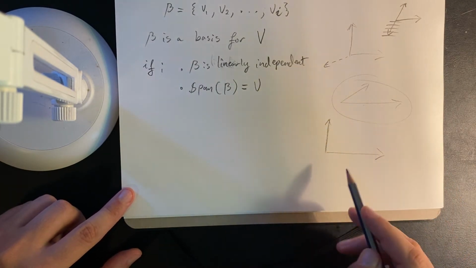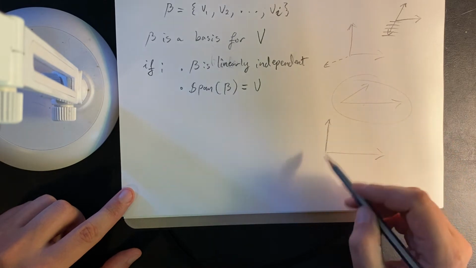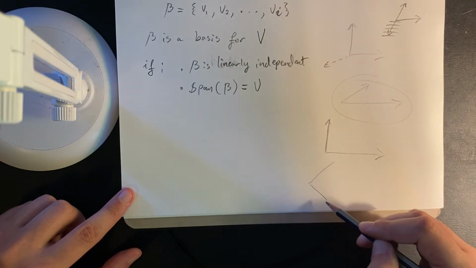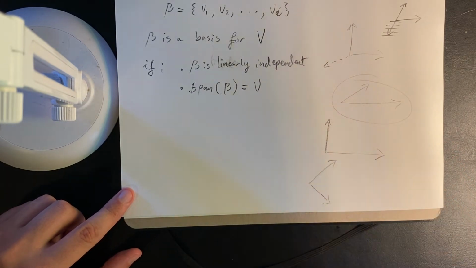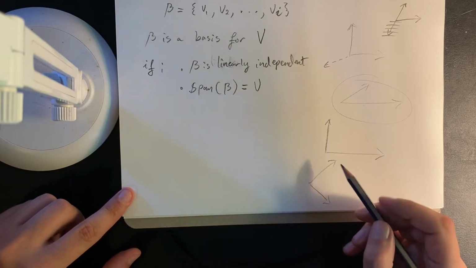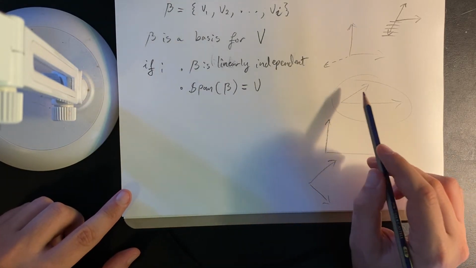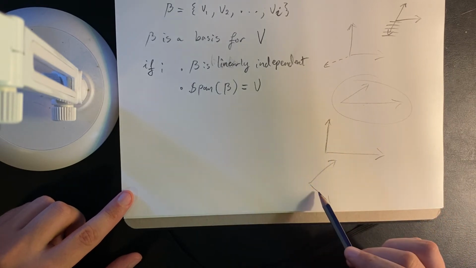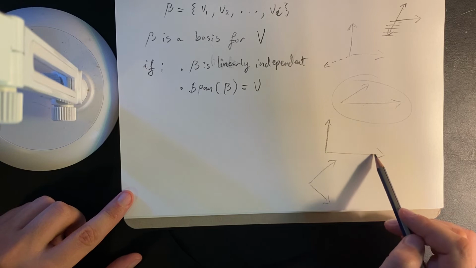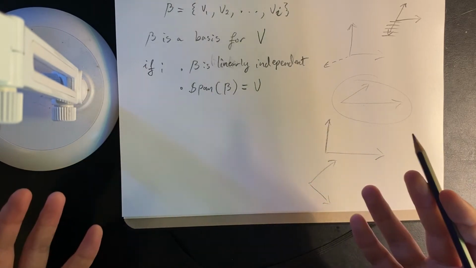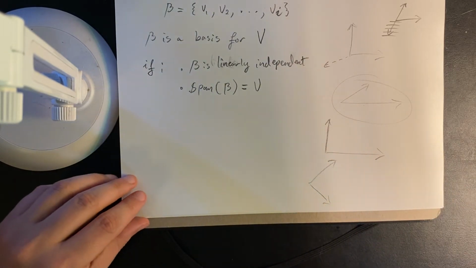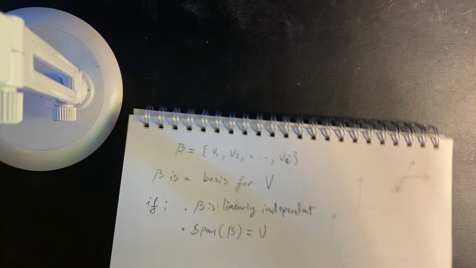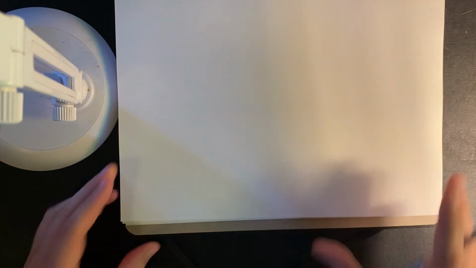Now we could do this one, or if we take this vector as our first one, it could be something like that. The point of an orthonormal basis is the two vectors are orthogonal to each other, so they're perpendicular to each other, and they're normalized, so they should have a length of 1, both of them. So Gram-Schmidt orthonormalization, how does it work? Well, we throw in a whole set of vectors, and then the result is an orthonormal basis.